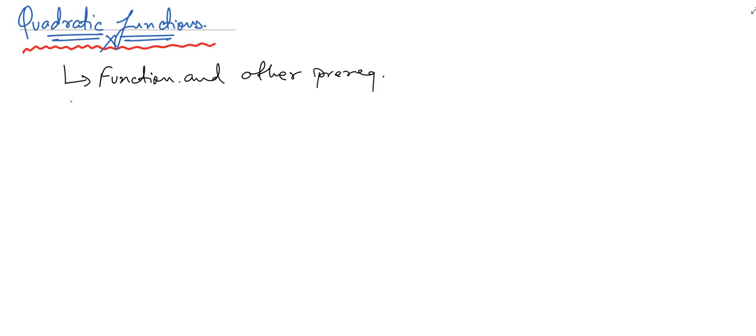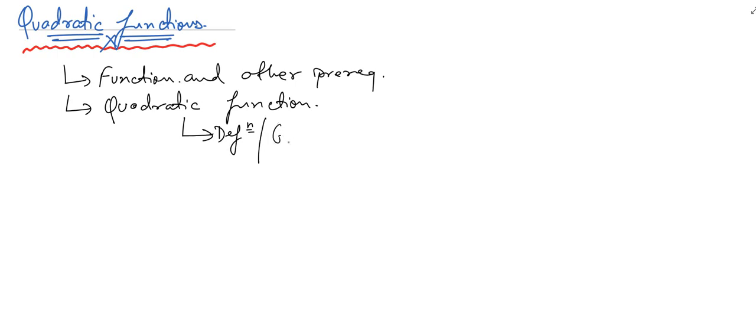And then we will start quadratic functions, and in this topic we'll spend some time and see its definition, its graph, and how to plot it, some terminologies and other things, and the slope and all those things. So these would be covered, right?